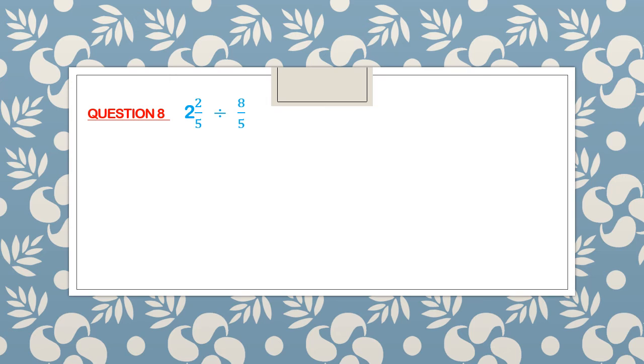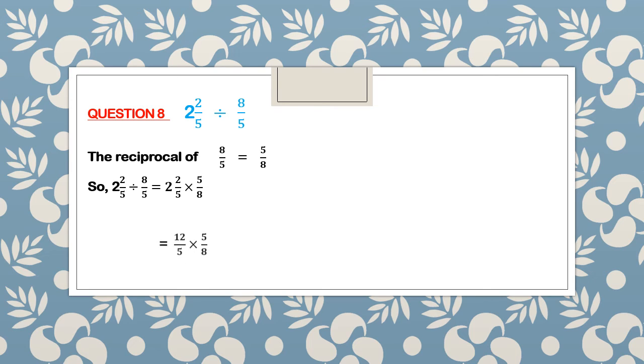So the mixed fraction gets converted into 12 upon 5, and then this division sign will get converted into the multiplication sign, and the reciprocal of 8 upon 5 will be 5 upon 8.